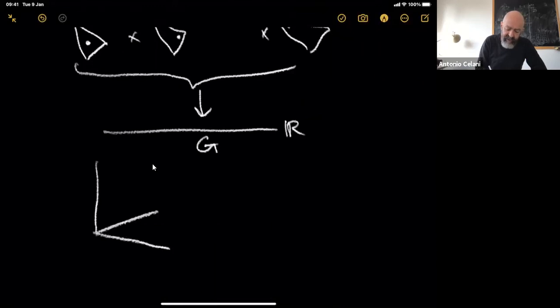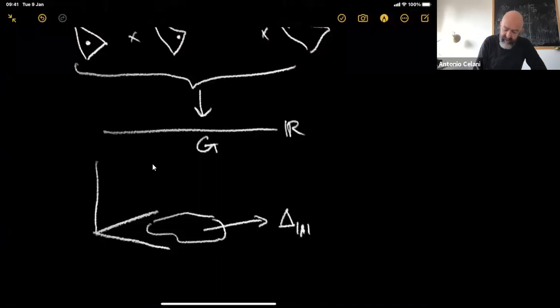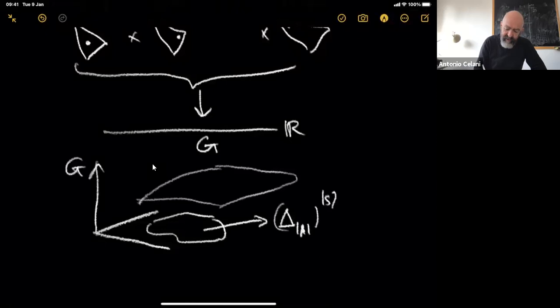So if this plane here is my space of simplexes, which is the convex set, this is delta A to the power S. Then my function G is some object like this. I'm trying to draw a surface here.